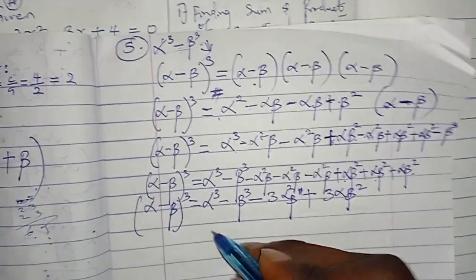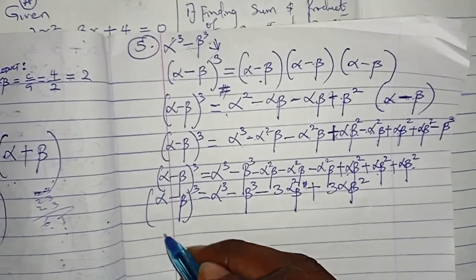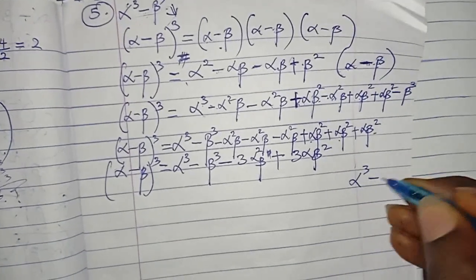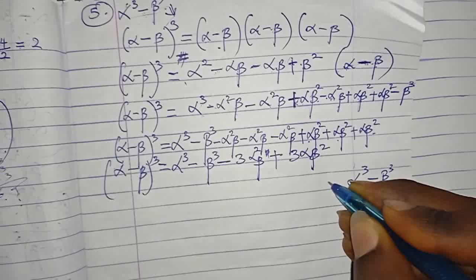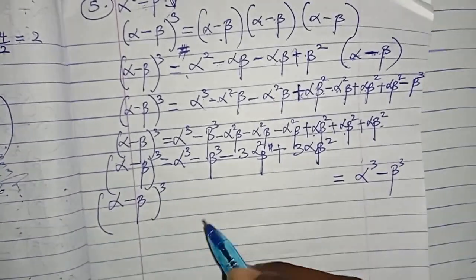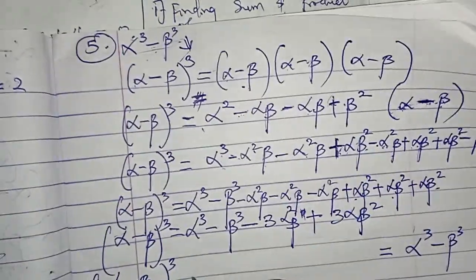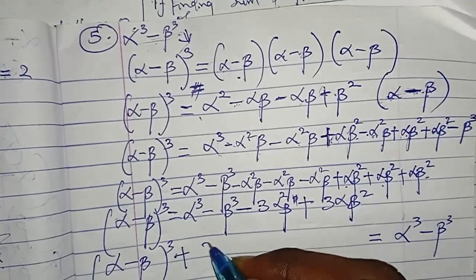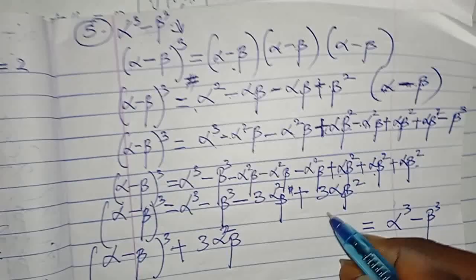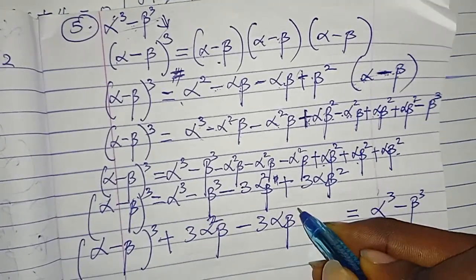So trying to make this subject of the formula now, you see that you have alpha cube minus beta cube equals to, this is alpha minus beta all cubed. So this one, cross equality sign, the minus changes to plus 3 alpha square beta, then this one cross equality sign, minus 3 alpha beta square.